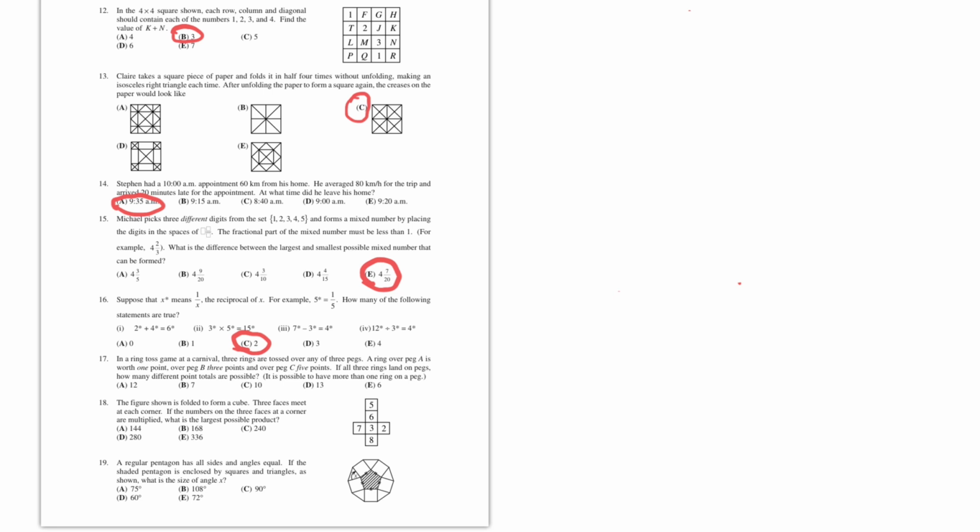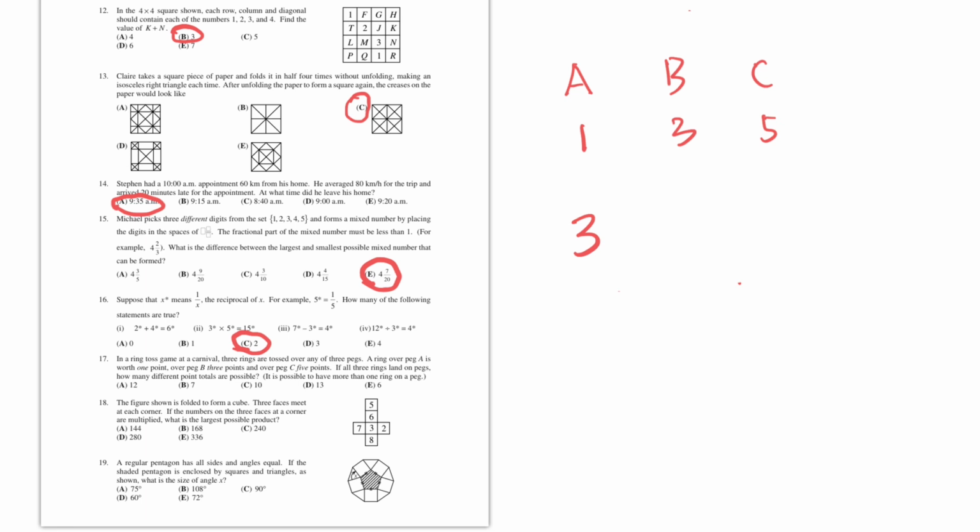So peg A gives 1 point, peg B gives 3 points, peg C gives 5 points. If all 3 rings on peg A, that gives us 3 points.